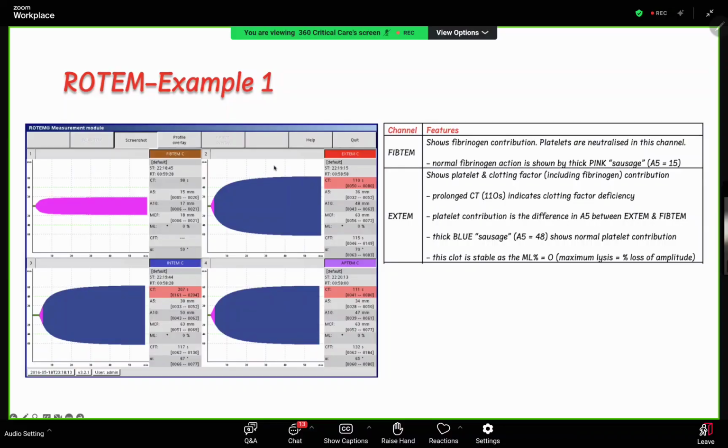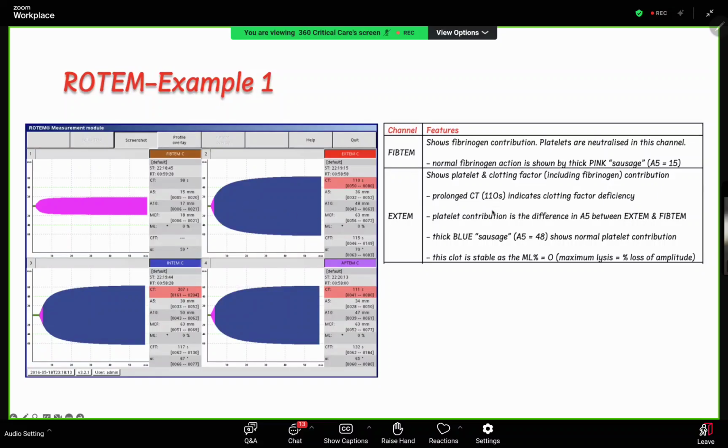XTEM looks at platelet and clotting factor, including fibrinogen. Now in this case, the CT is prolonged to 110, indicating possible clotting factor deficiency, because the fibrinogen is normal here, and it is either a platelet issue or a clotting factor issue.